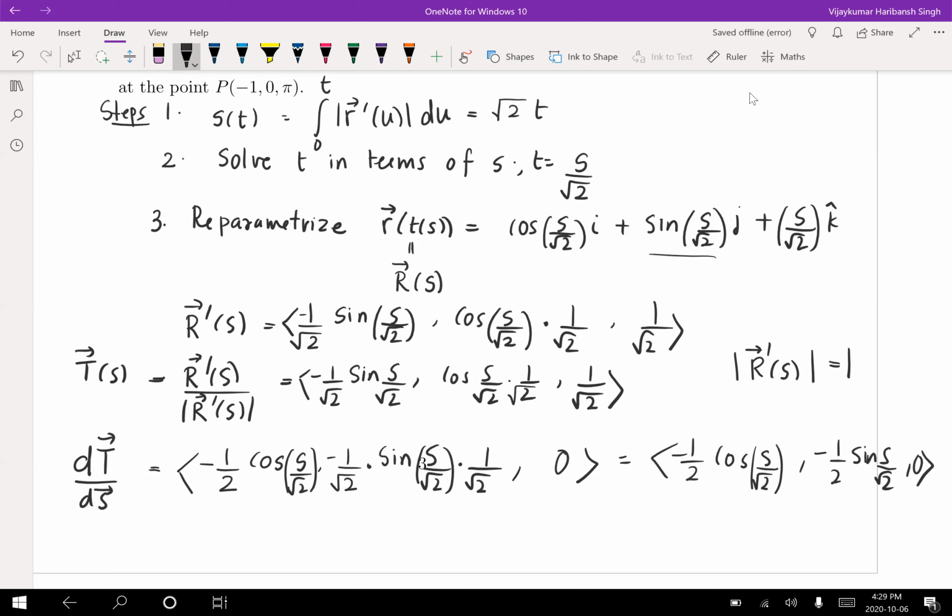And now if you take the length of this, it gives you the curvature kappa.